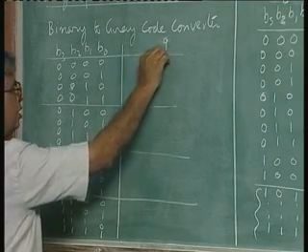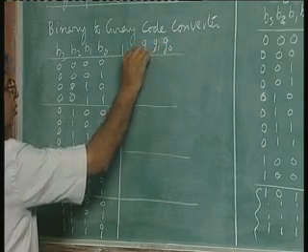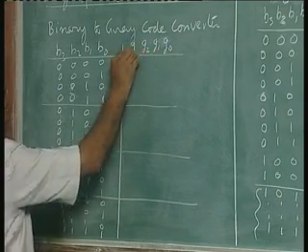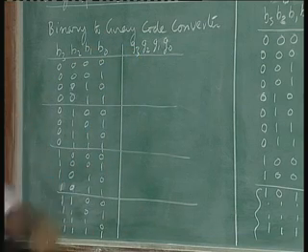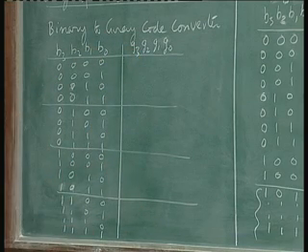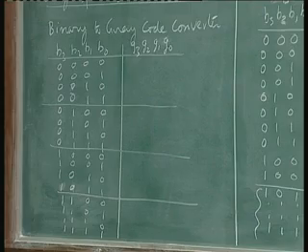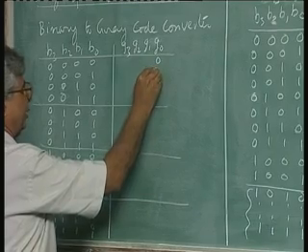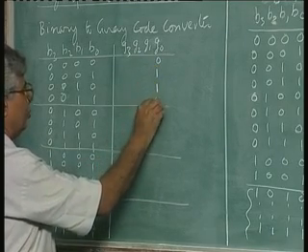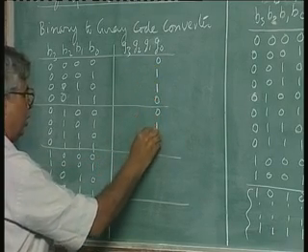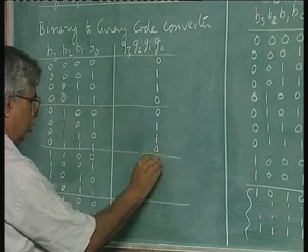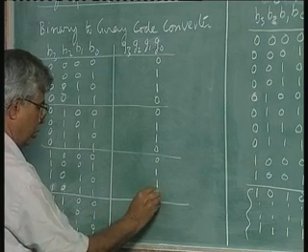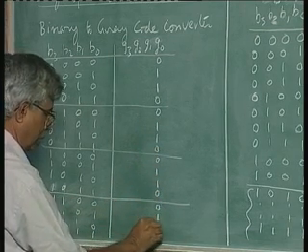So, I will call this G0, G1, G2, G3. The spelling of gray is this, Gray, gray code, after the name of the person, not the gray color. Okay. So, we will do this. This is very easy to write: G0 will be 0, 1, 1, 0, 0, 1, 1, 0, 0, 1, 1, 0, 0, 1, 1, 0.